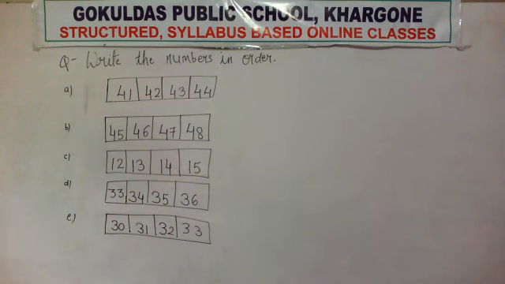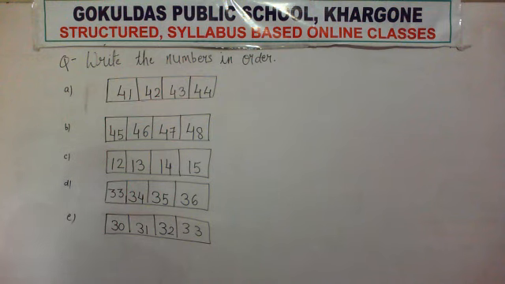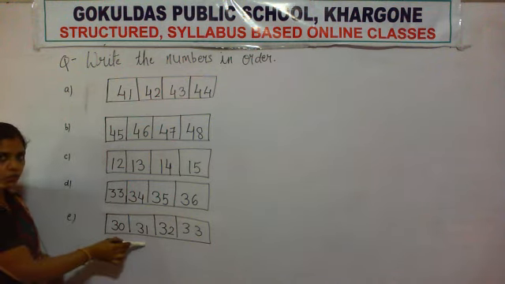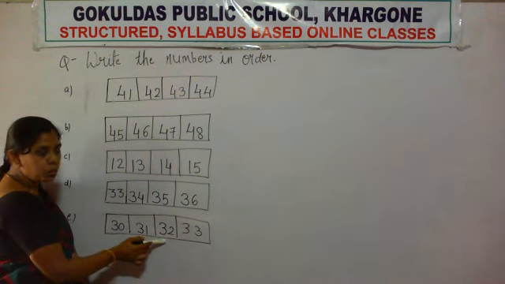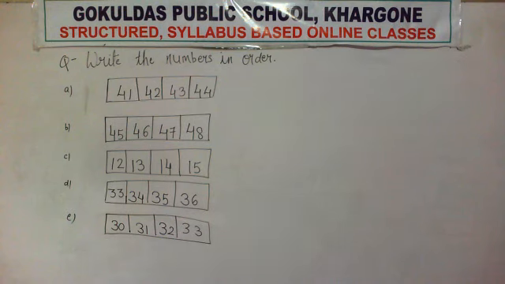Now let's read the numbers to see whether they are in order or not. 30, 31, 32, 33. Yes, these numbers are in order.